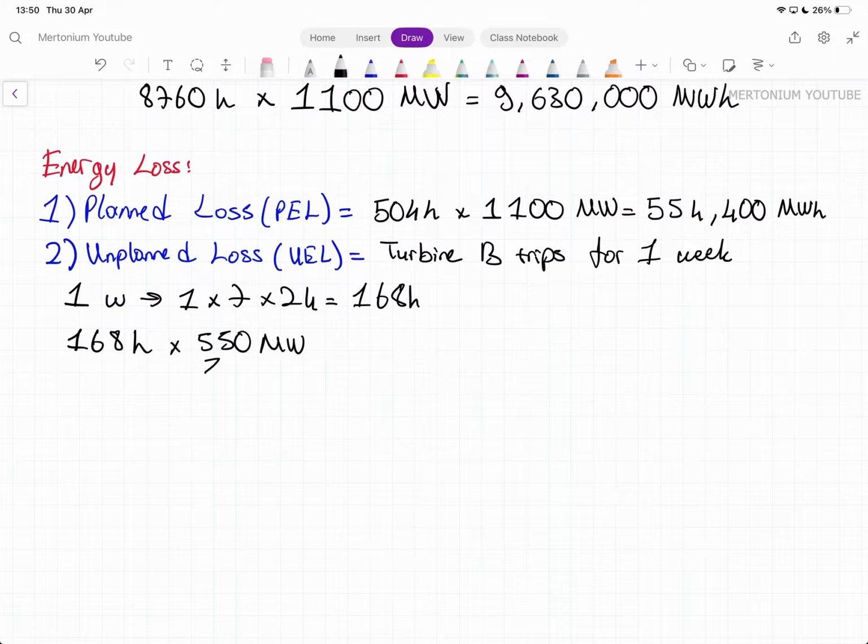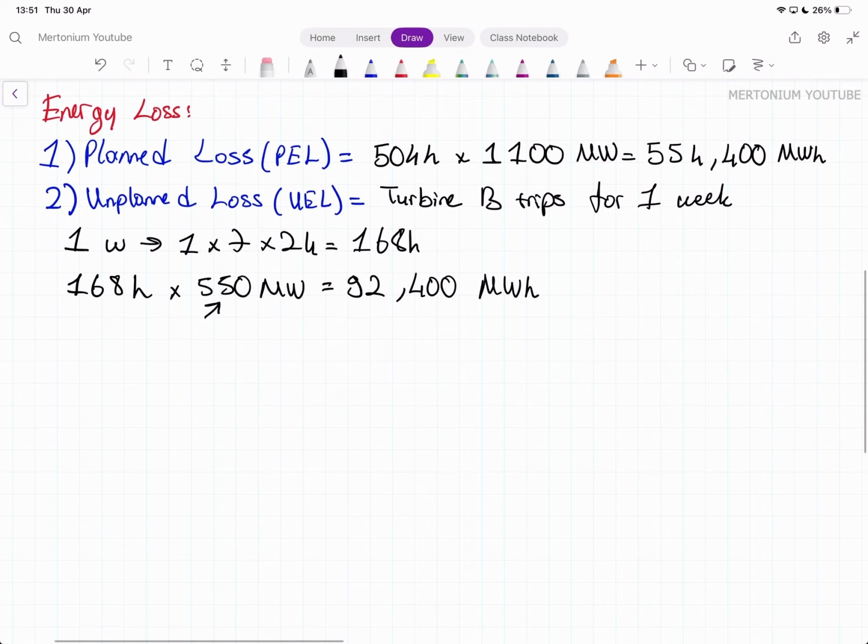And why 550? Because each of the turbines provides 550 net power. So one of them is out of commission, but turbine A still works. So we get 92,400 megawatt hour.